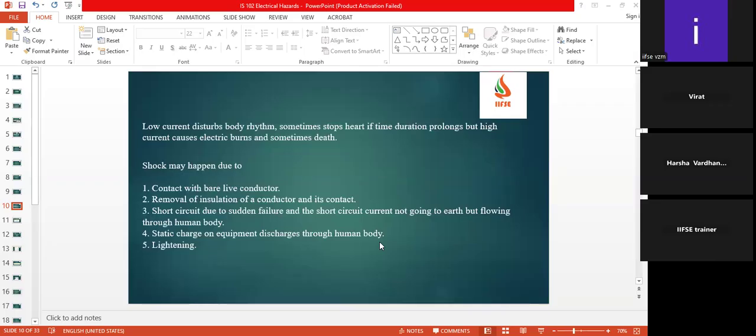Then short circuit due to sudden failure, where the short circuit current is not going to the earth but flowing through the human body. That is going to be an electric shock. Then static charge on equipment discharges through the human body. Then lightning. Lightning happens because of weather conditions during the rainy season.